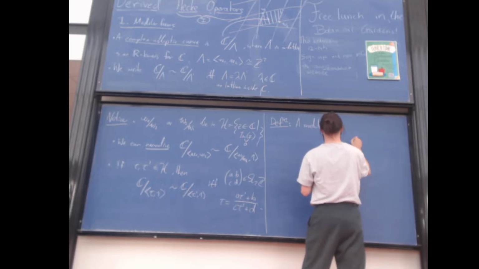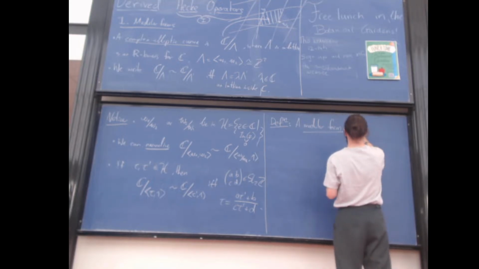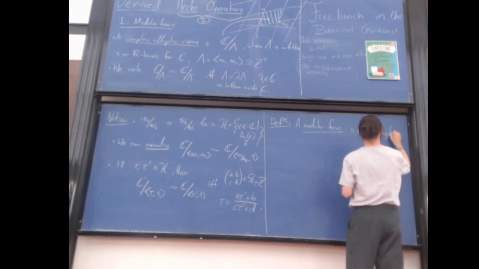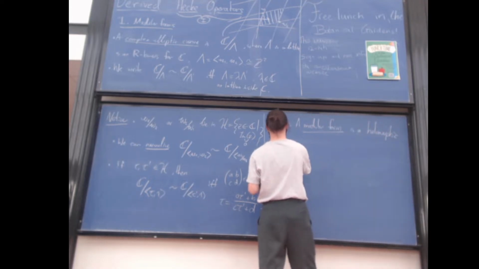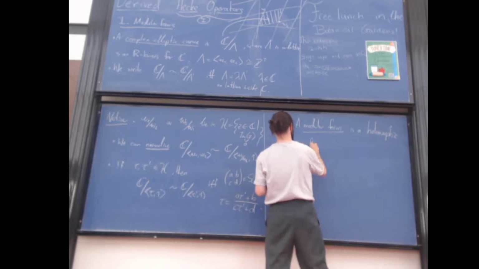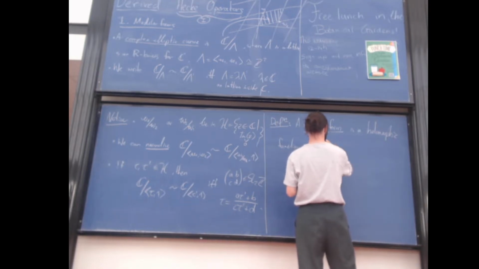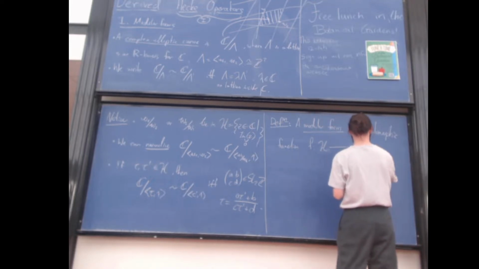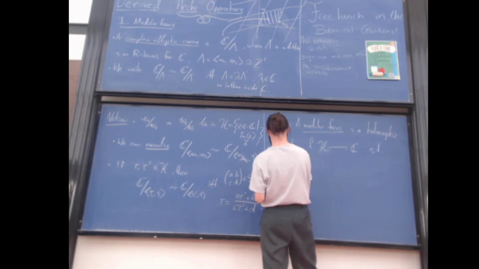A modular form is a holomorphic function f from the upper half plane to C, such that I'm going to ask for two conditions to hold.